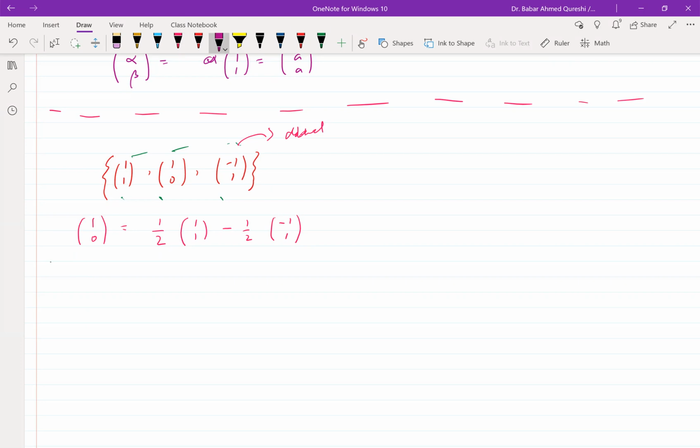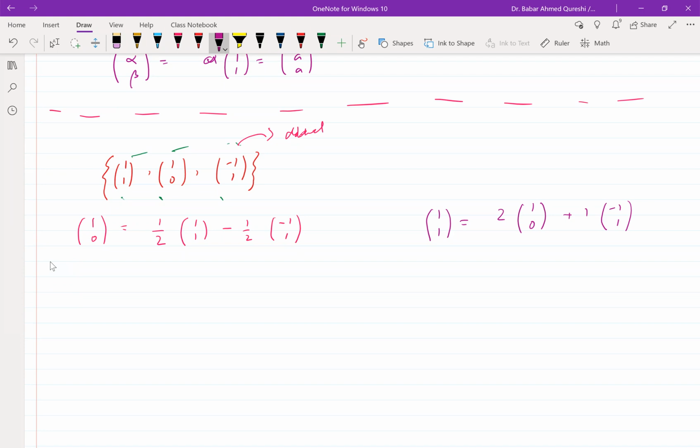Similarly, this guy can be written in terms of 2 plus 1. Yeah, this works out. Similarly, the first one can also be written in terms of the other 2. So I could delete any one of them and retain the other two.